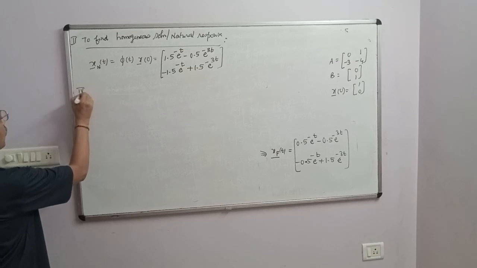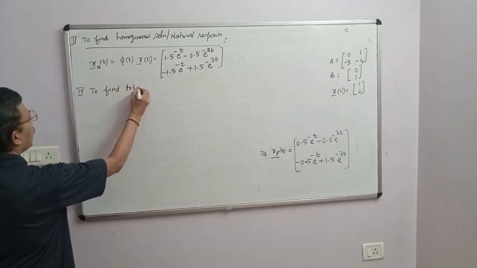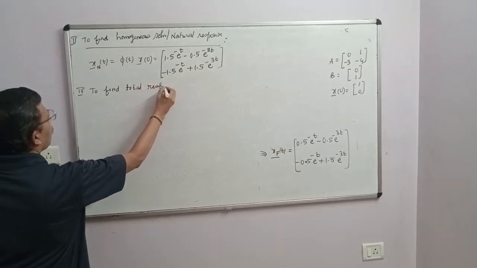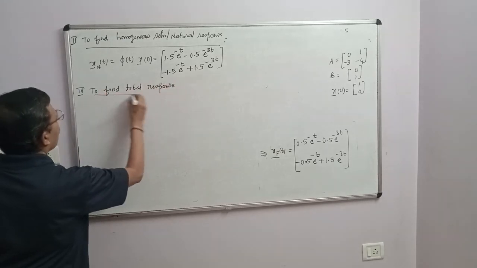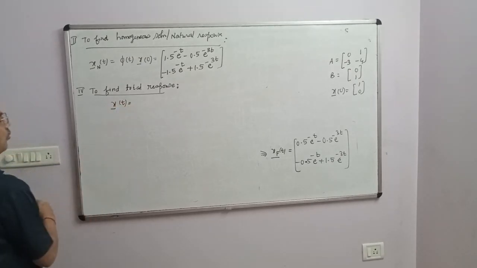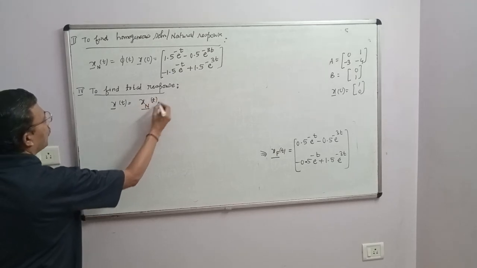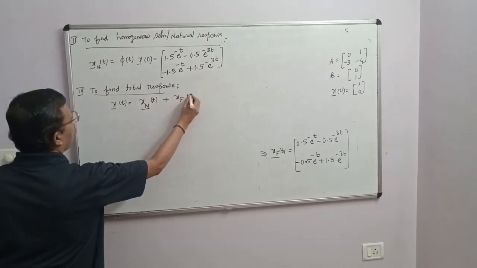Step 4, to find total response. Total response is called time response. X bar of t is equal to xn bar of t plus xf bar of t.